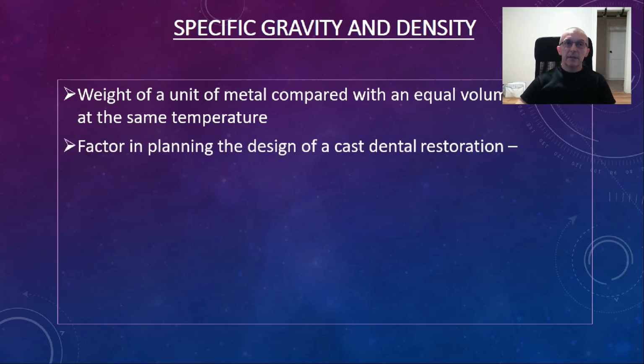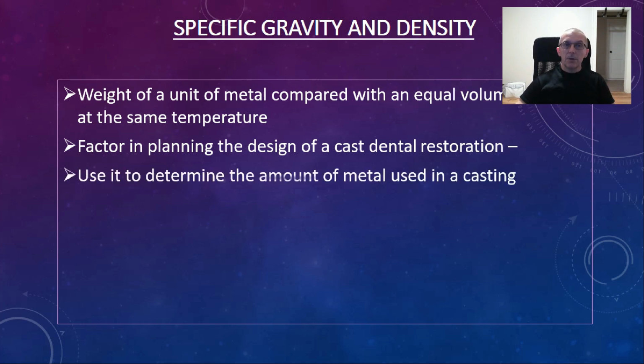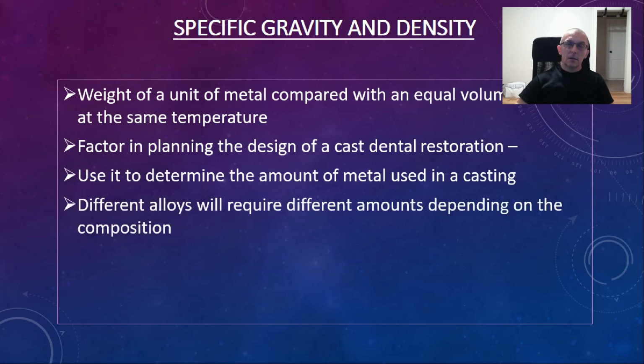Specific gravity is a factor in planning and design of any cast restoration. We use it to determine how much metal we need to use in our casting. Different alloys will require different amounts of metal because they have different specific gravities.